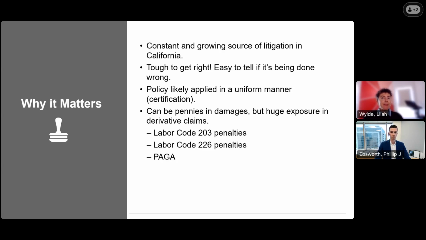And there are these penalties that are applied. So PAGA penalties are assessed against the employer in the amount of $100 per employee for the first violation, and then for subsequent violations, a $200 penalty for every single pay period worked for every single employee.